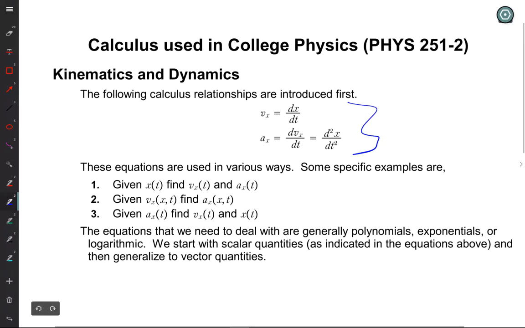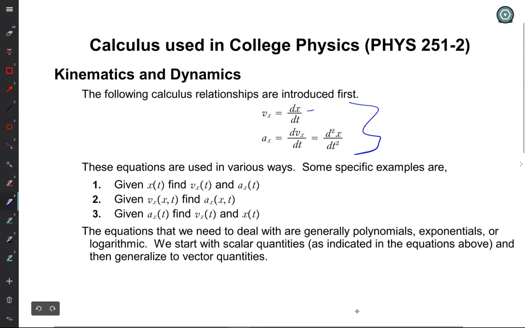So velocity is the derivative of position with respect to time. Now in physics, we won't use this much, if at all, but we have a shorthand way of writing a derivative with respect to time. If it's a derivative with respect to time, we'll put the variable with the dot over it. So x dot means a time derivative.